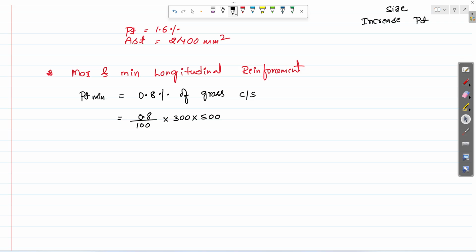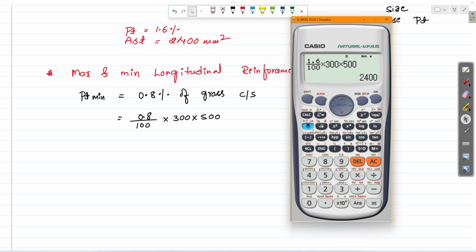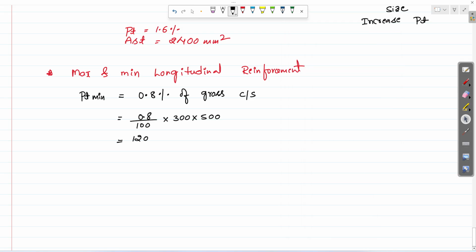So minimum area of steel will be 0.8 divided by 100 multiplied by 300 multiplied by 500. So it will be 1200 mm square. So this is the minimum.